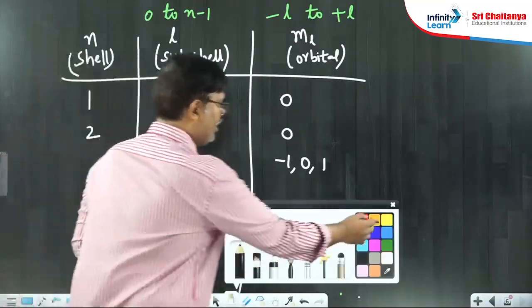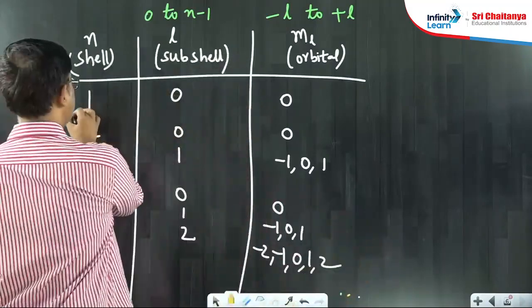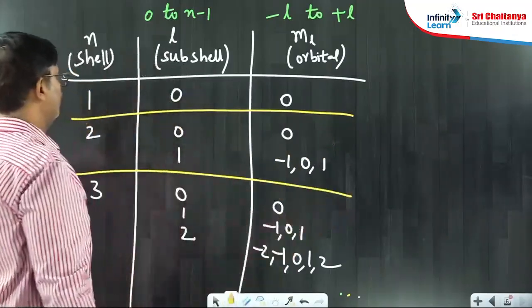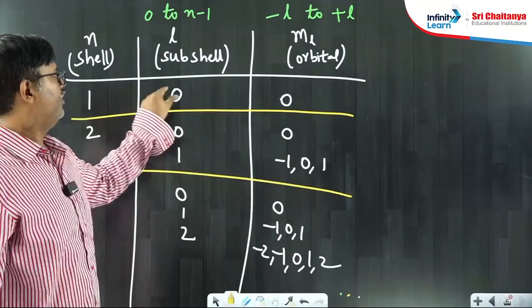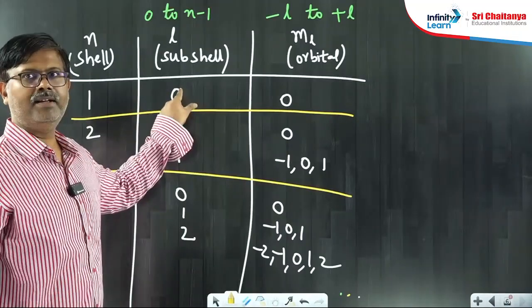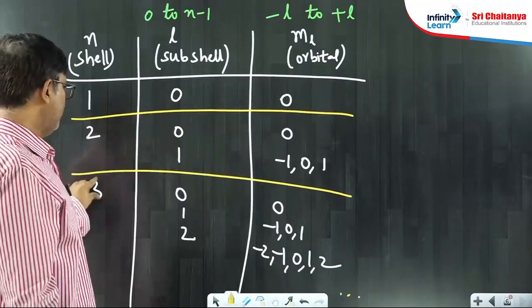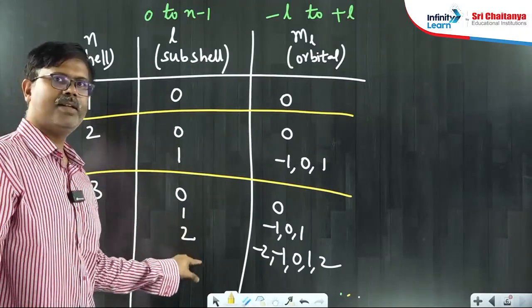Now, if you look at this, in the first one only one subshell is there. In the second one, 2 subshells are there. In the third one, 3 subshells are there.